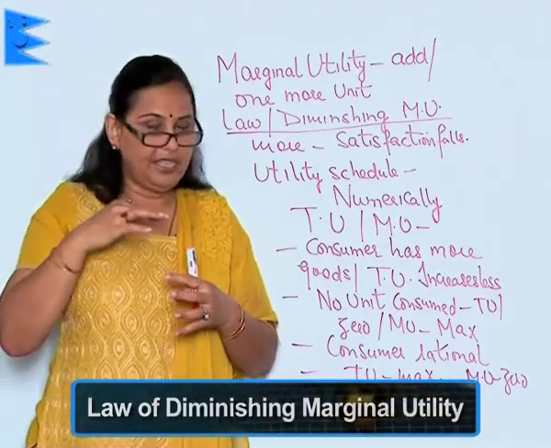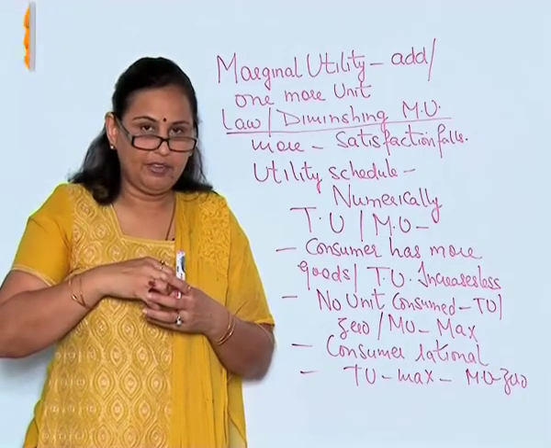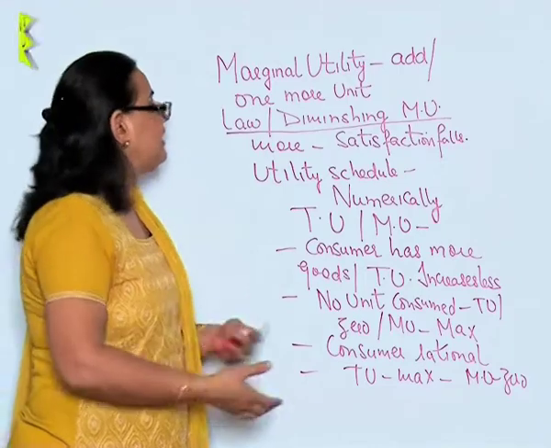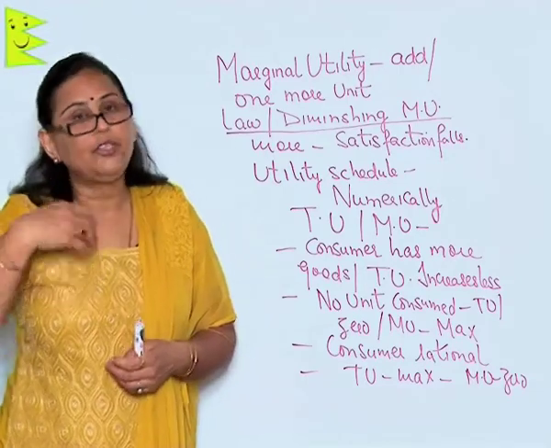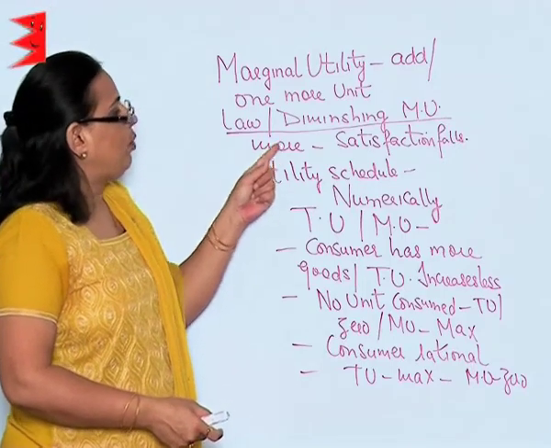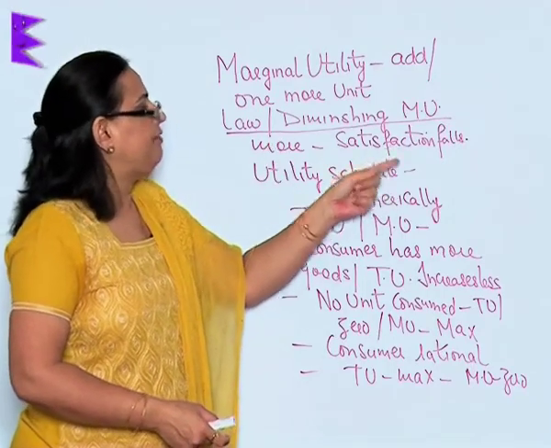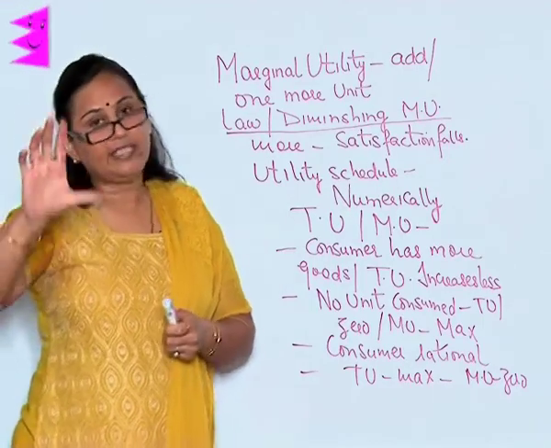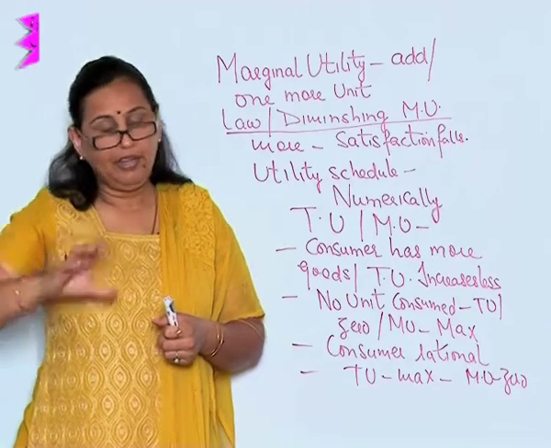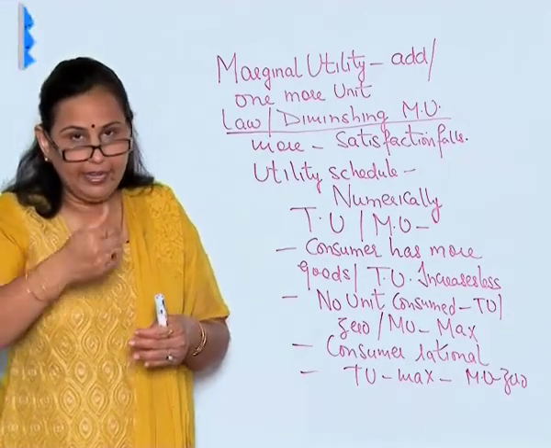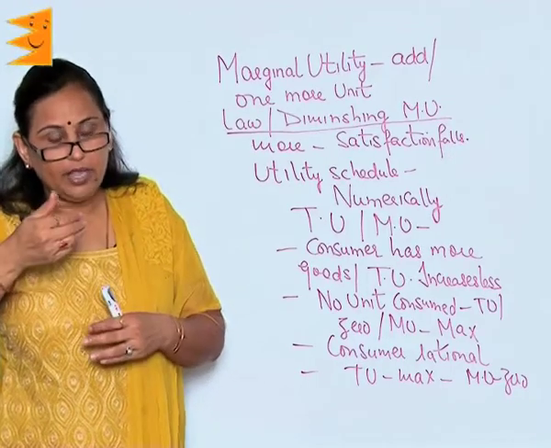The next thing we have to understand is the law of diminishing marginal utility. We derive more satisfaction when we consume less, and we derive less satisfaction when we consume more. That is, when the consumption is more, the satisfaction level falls. As I said, the first glass of water will give me the best satisfaction, followed by less in the second, third, fourth and the fifth.